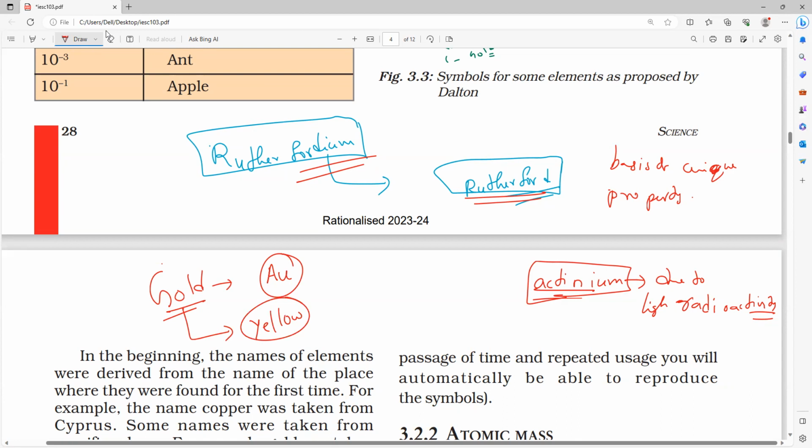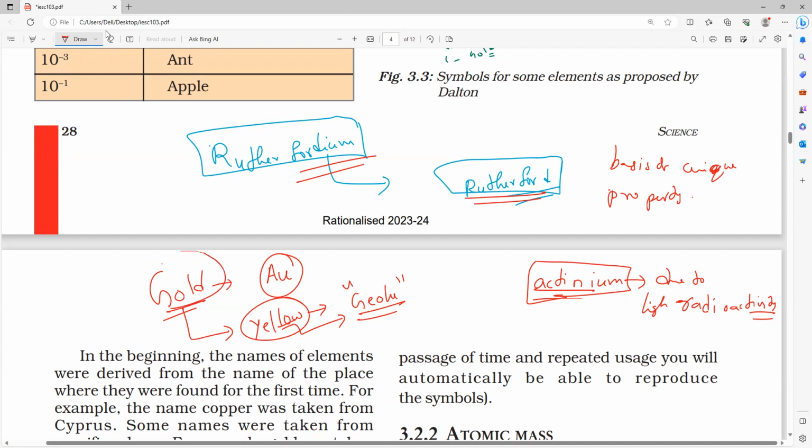Yellow. The English word for this yellow is geolu. That is an English word. Geolu means yellow color.